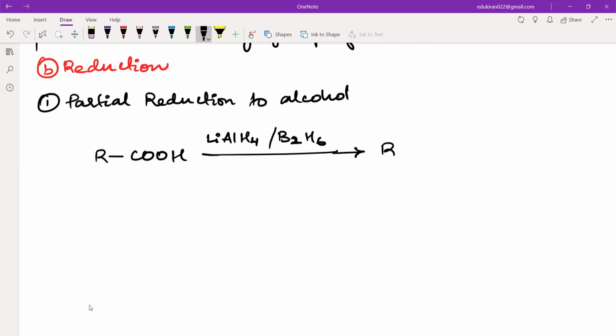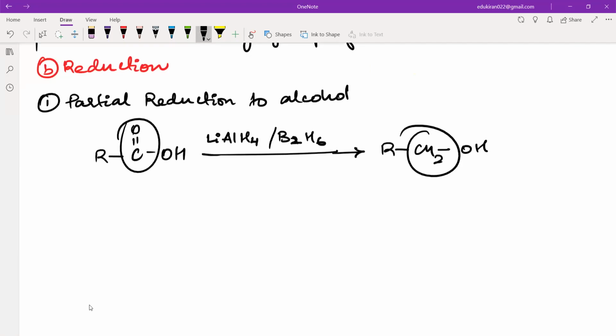And the alcohol will be a 1 degree alcohol, RCH2OH. Now you can see what has happened here. C double bond O, and here you have OH. So the C=O bond has been reduced to a CH2 bond. This is partial reduction to alcohol.